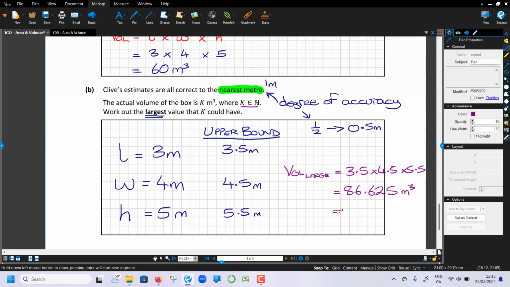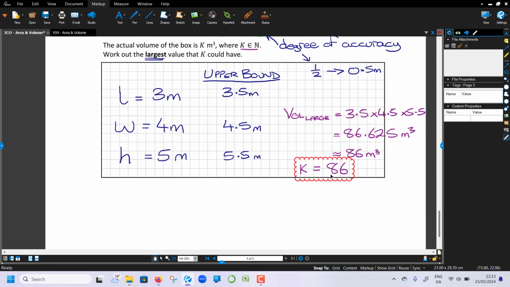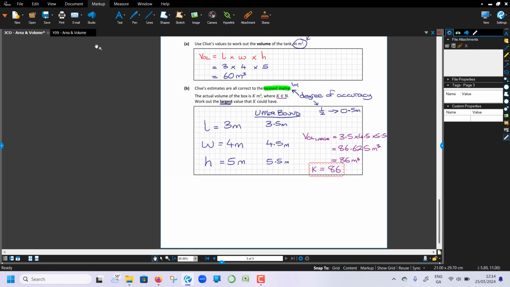So we can put approximately equal to 86 meters cubed. You could say K equals 86, basically. All right, and that's it. So K is 86. A little bit tricky there. Tough question. But we got it.